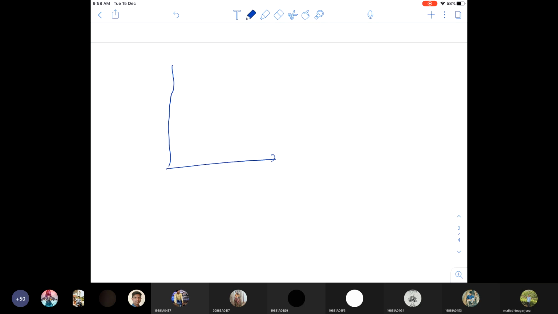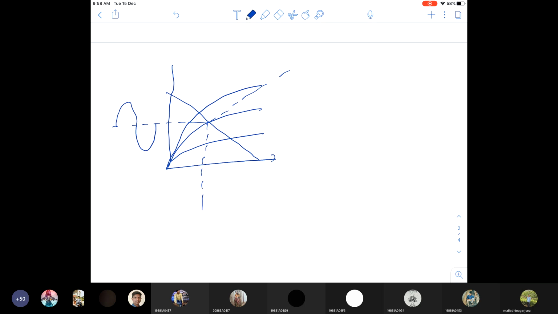This is the output waveform. So the load line is this. This is the input signal I'm giving. This is IC and VC voltage.